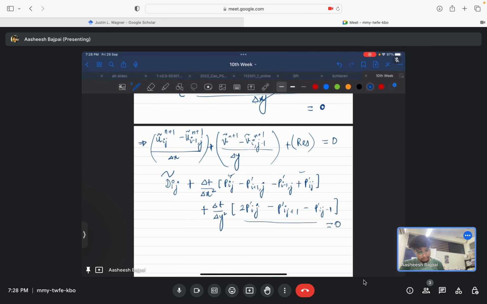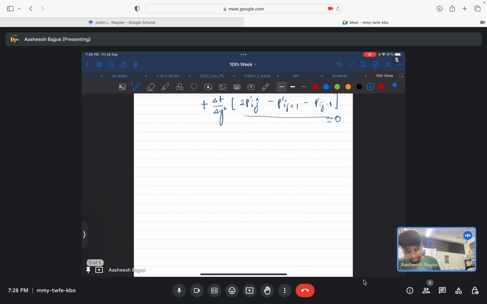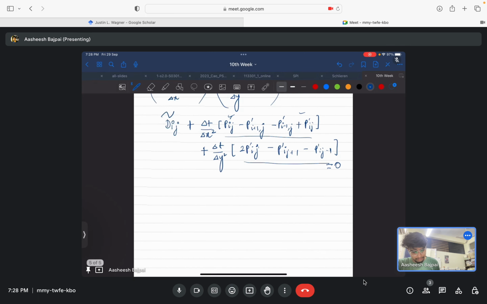This is the equation of central difference. So let's write it. Central difference, why am I calling it central difference?